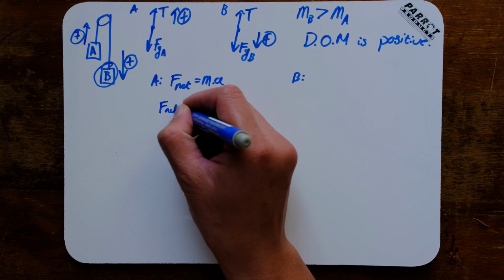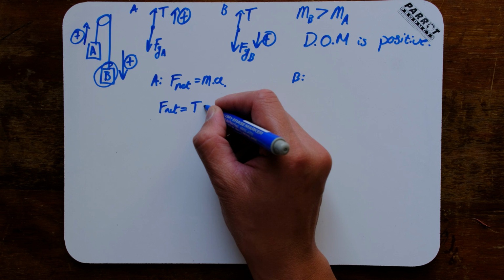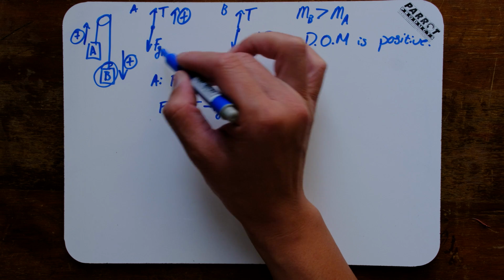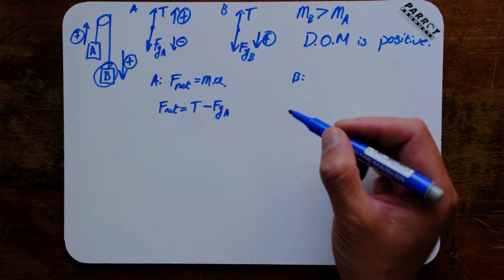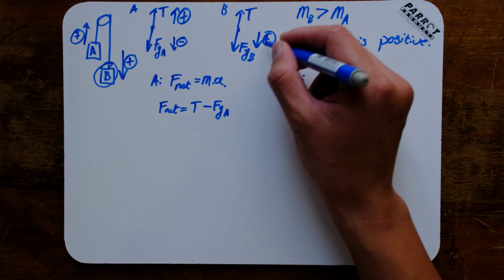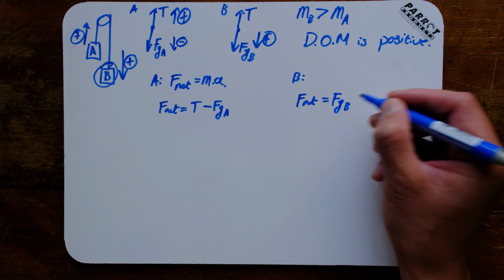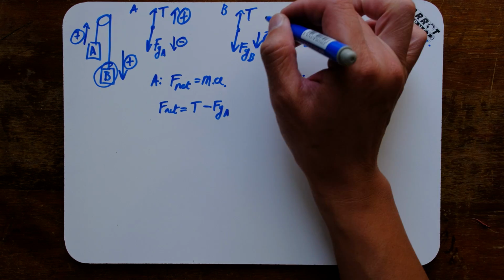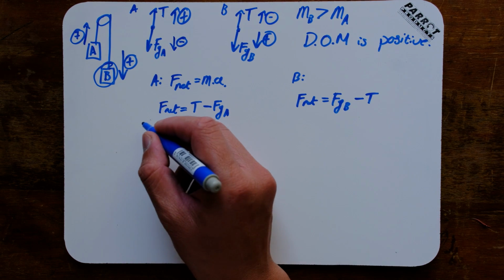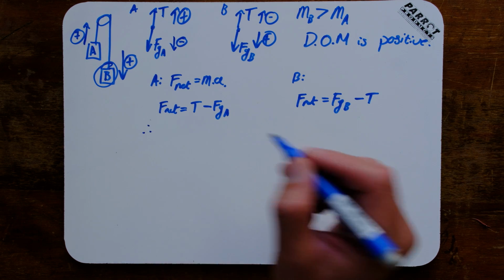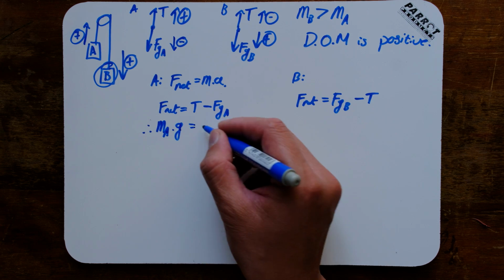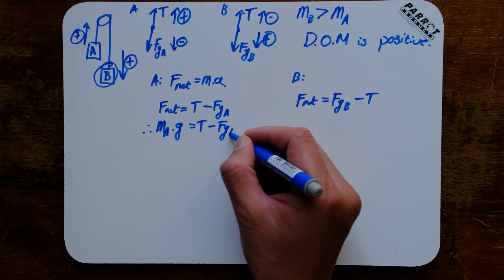So the net force is equal to the tension minus the force of gravity, which is acting on A, because the force of gravity acting on A is acting in the negative direction.